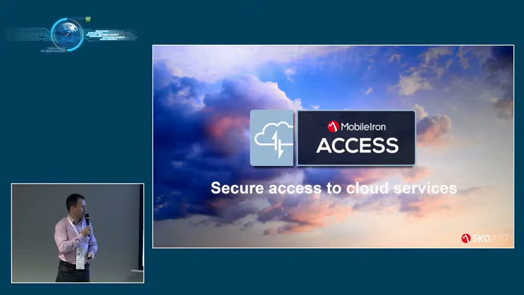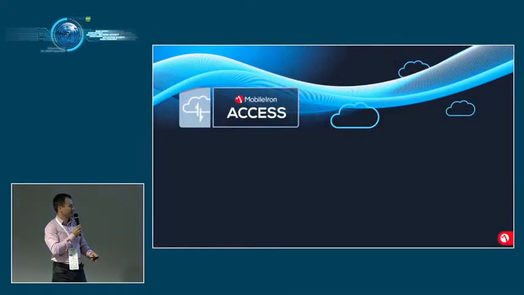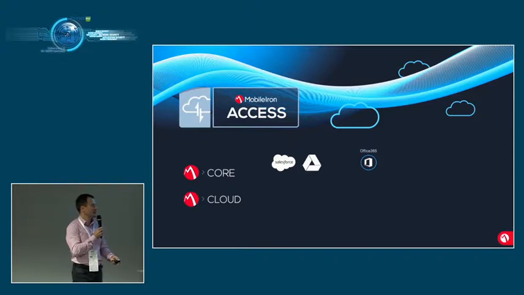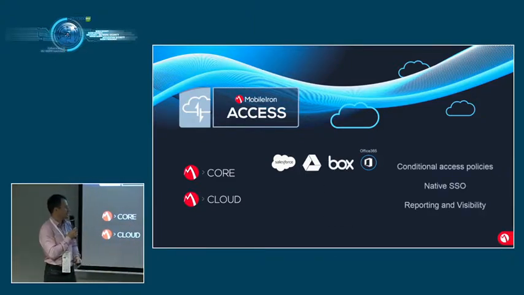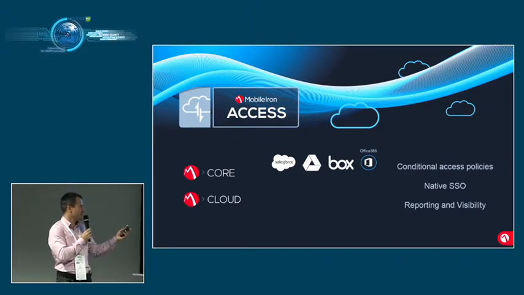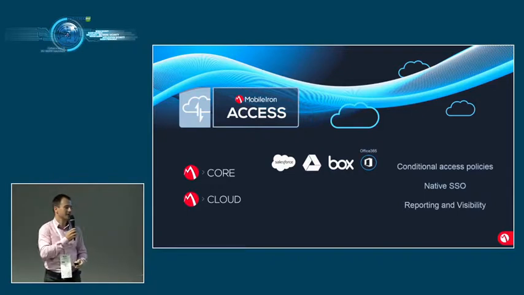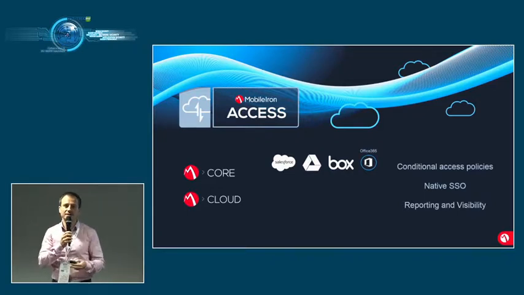So I will very quickly introduce what MobileIron Access can provide to our security system. First of all, we can control applications like Salesforce, Google applications, Office 365, Box. So we can implement the security policy for the users and control the access to the cloud applications.